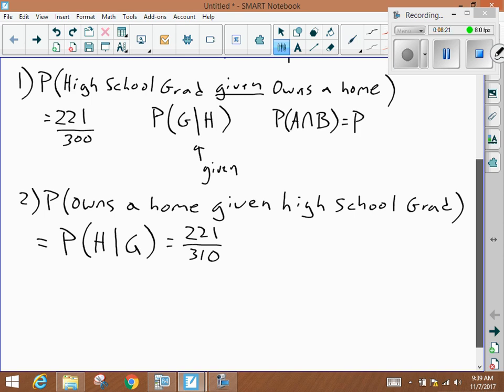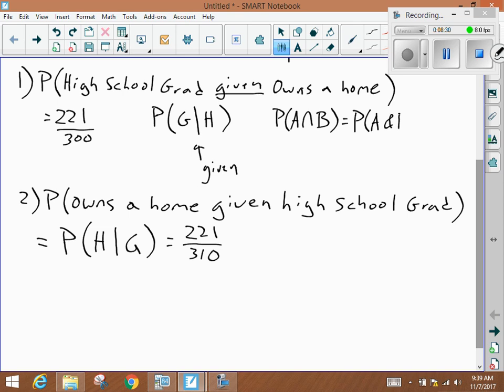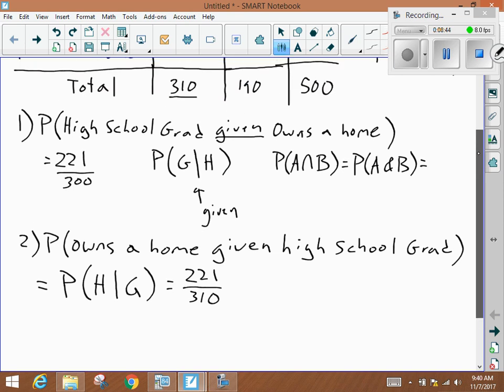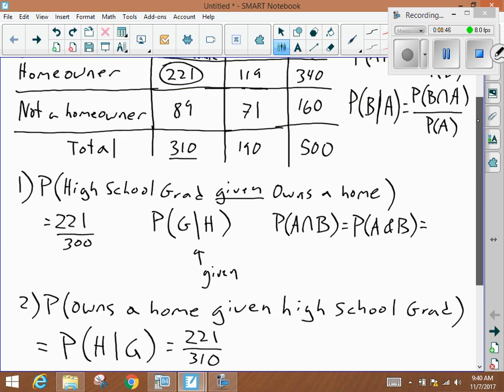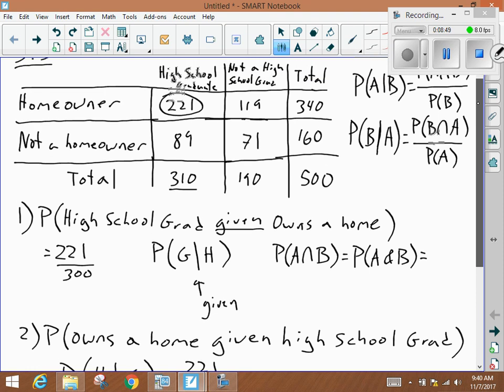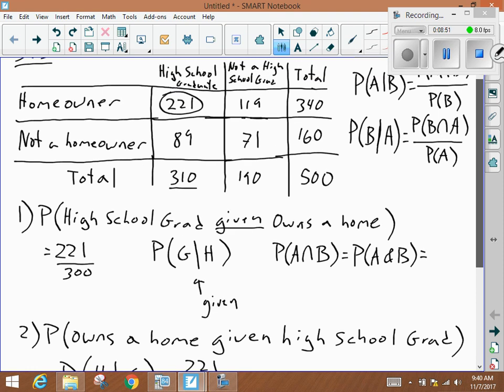That's probability A and B. We're looking at the probability that they're a high school grad and they own a home.